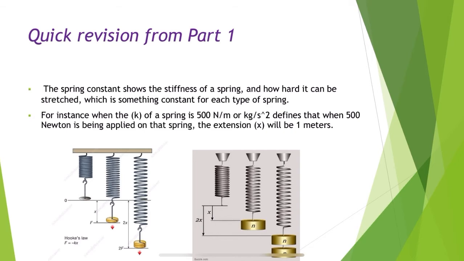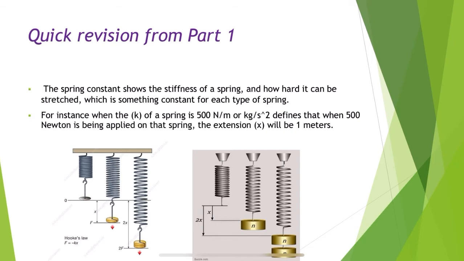Then N is hung on the spring. Let's consider that these two springs are totally different, with different spring constants. When N is hung on the spring in the right picture, the extension will be X.